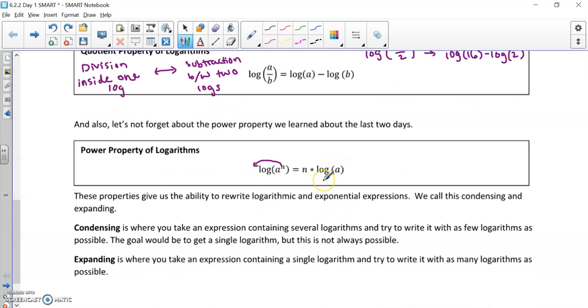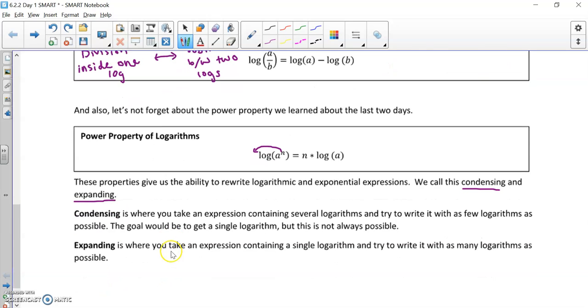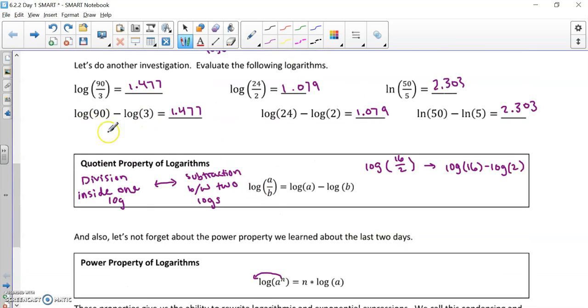So the whole point of these properties, well, a big part of it, is that it gives us the ability to condense and expand logs or log expressions. So when I condense, that means that I can take multiple logs. Like if I had given you something like this, that's 2 logs, right? Anything more than 1 counts as multiple.